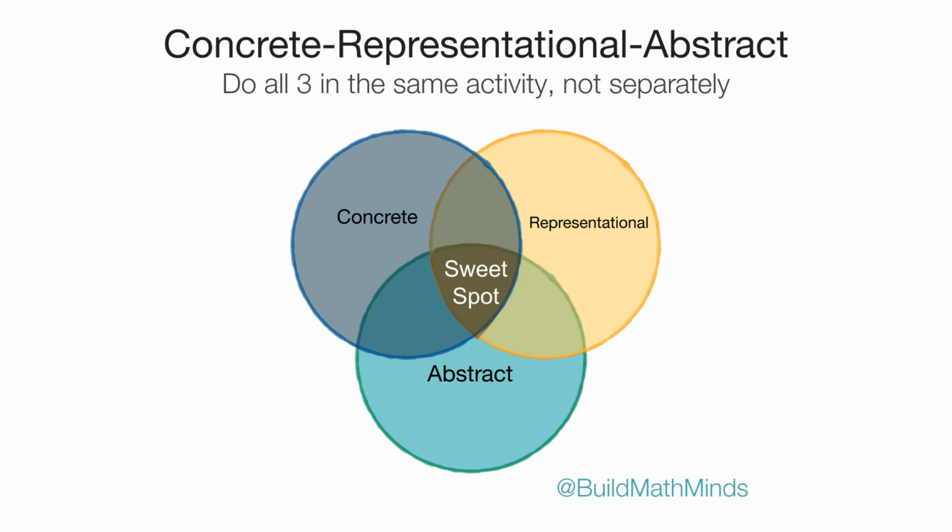Okay, just a reminder, hands-on and visual learning isn't just for little kids. Upper elementary students, especially post-pandemic, need concrete and representational experiences. But remember, guys, we've got to connect it all to the abstract. Connect all three. Don't skip the CRA model, but make sure when you're doing the CRA model, as much as you can, get all three so that you are hitting that sweet spot.